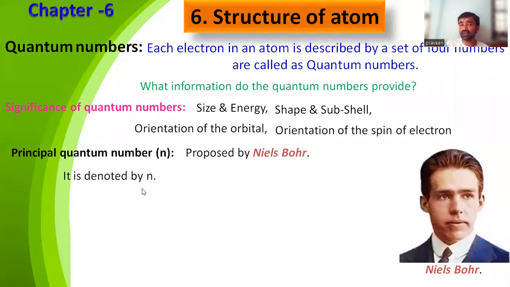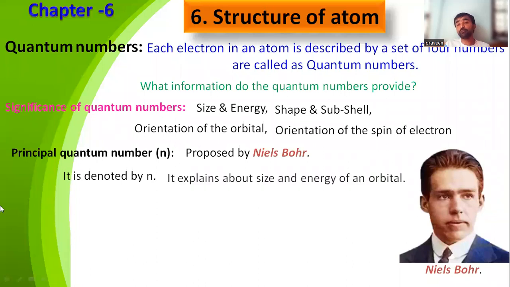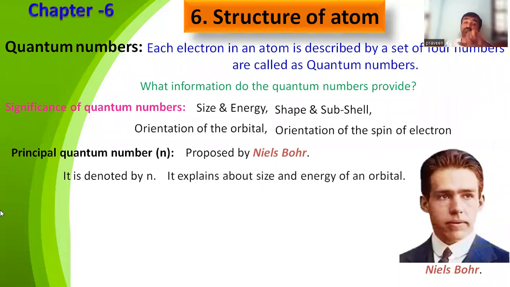This n helps us explain the size and energy of the orbital, as proposed by Niels Bohr in his Bohr atomic model. So we consider the orbit size, the main energy levels, to indicate the energy of the atom in terms of orbits.